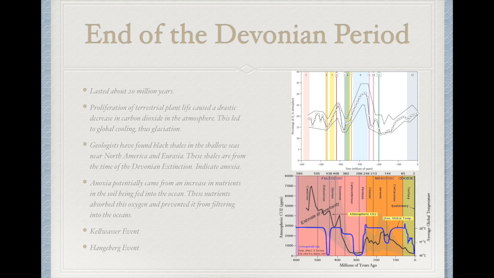But what many scientists believe, and this seems to be a fairly consistent claim, is that the soil that these plants had just started filling out, they had just moved onto land and just started to cover this soil, the soil was not accustomed to housing these plants, and so when it experienced that increase in nutrients, it had not yet become saturated with oxygen.